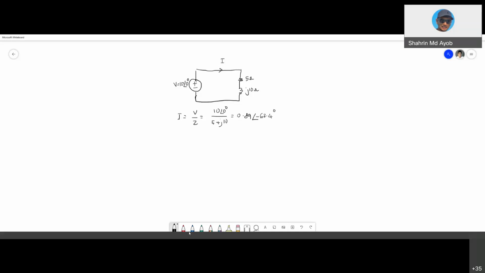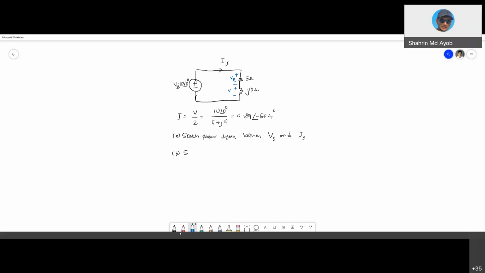Okay. So right now, if you are required to sketch the Phasor diagram between Vs and Is, I hope you can answer that. And then sketch the Phasor diagram between VR and IS.